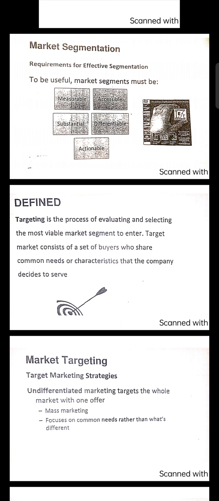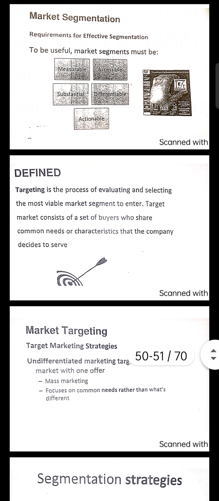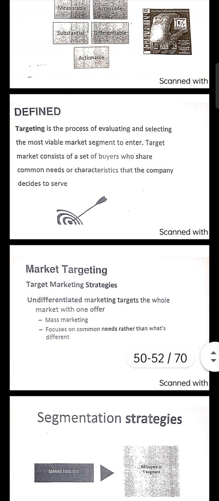A target market consists of a set of buyers who share common needs or characteristics that the company decides to serve. So you are targeting a certain group of people, just like aiming at something, aiming at the target group. And then you tackle the target group to sell them something or to provide a service for this certain group of people.